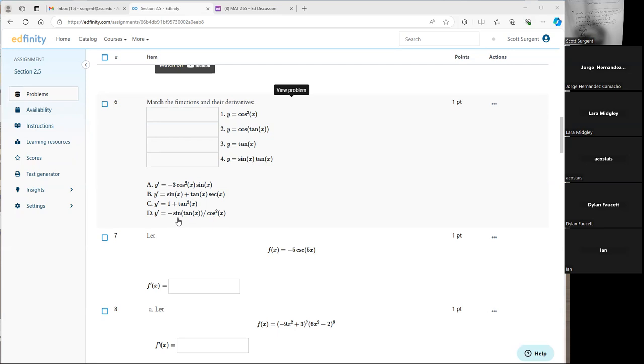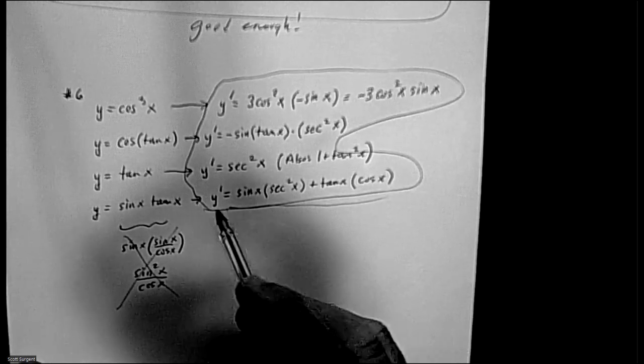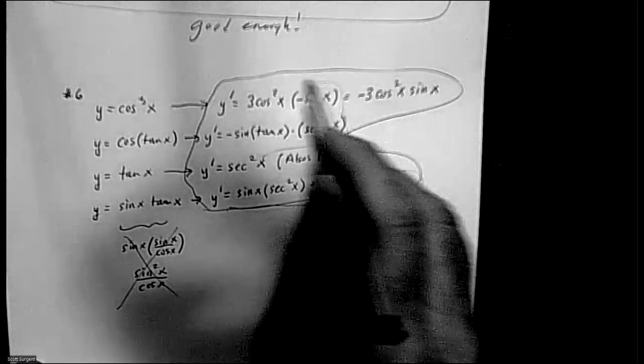But you know what? My personal feeling on these kinds of questions is if you pretty much stick with sines, cosines, and tangents, and the only exception being when you get secant squared for the derivative of tangent, you're going to be good to go. Let me unshare. I would consider the ones that are written here good enough.